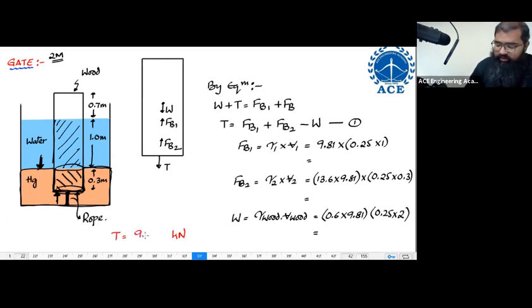Many people are giving me the answer 9.515. Since that is the most common number I'm getting, I'm taking the answer. I don't have a calculator, I'm relying completely on you. Gamma of mercury and gamma of wood is not given, but S of mercury and S of wood is given. That is sufficient.